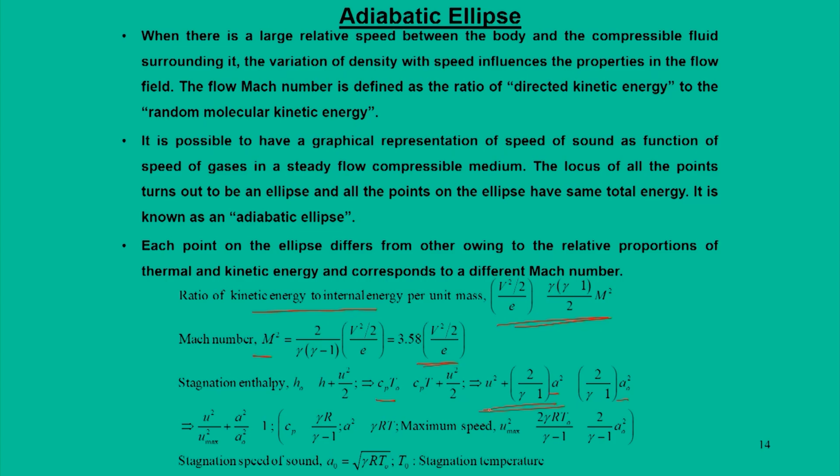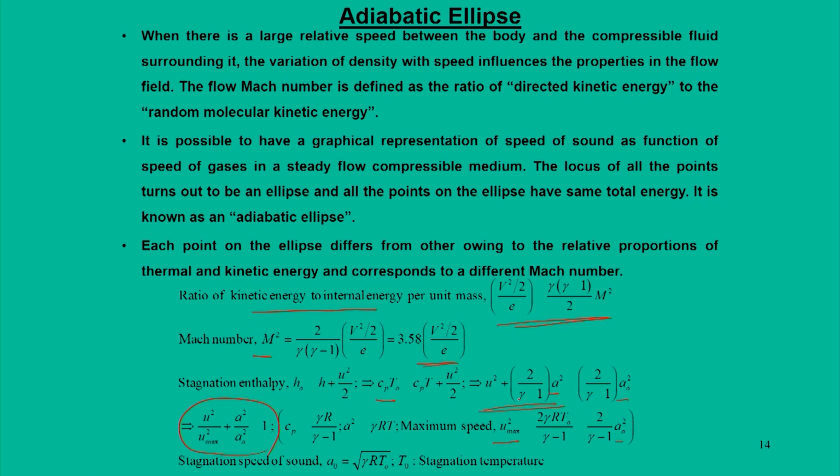From this expression we can reframe the equation in this form. Here we introduce the term u max square, which is equal to 2 gamma R T0 by (gamma minus 1), and that is nothing but 2 by (gamma minus 1) a0 square.